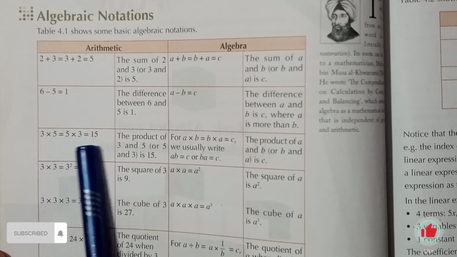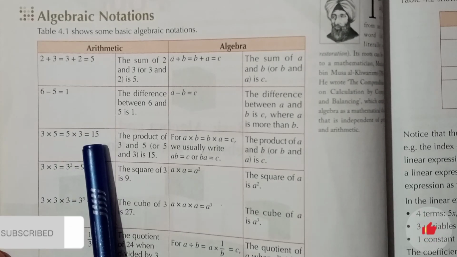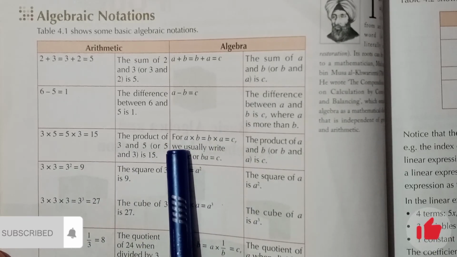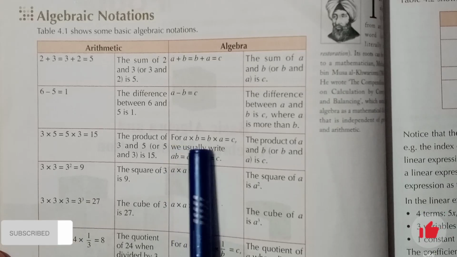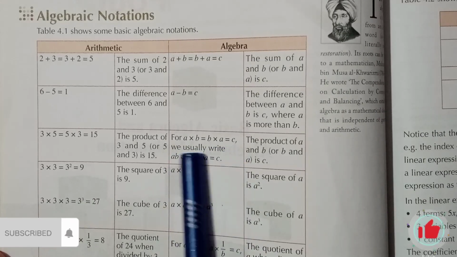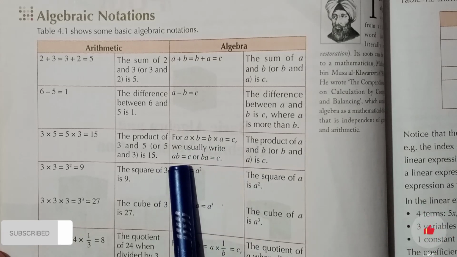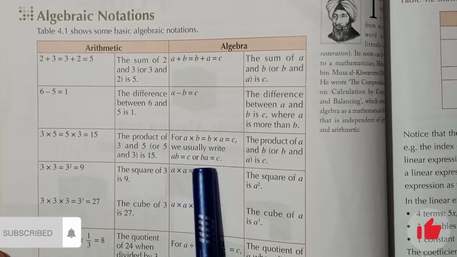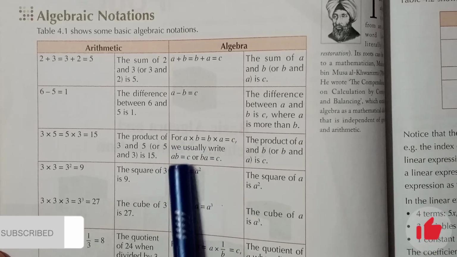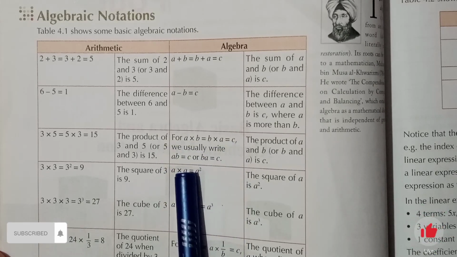In multiplication, 3 into 5, 3 fives are 15, same as 5 threes are 15. In both cases, we get the product 15. In algebra, if we multiply the two variables a into b or b into a, the product is c. So we usually write ab equals c or ba equals c.